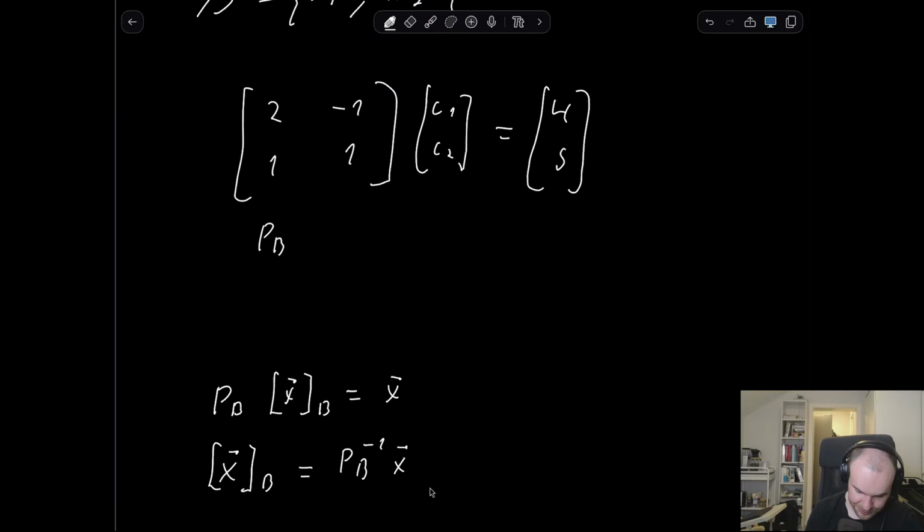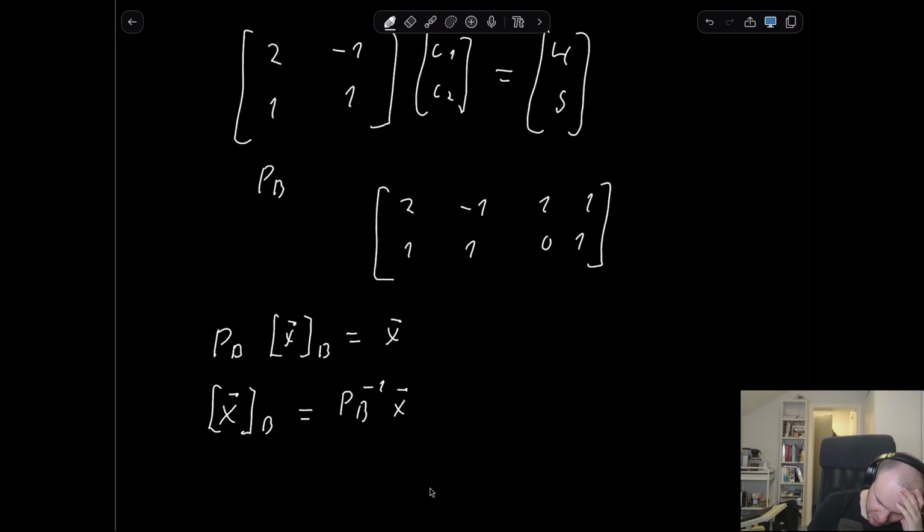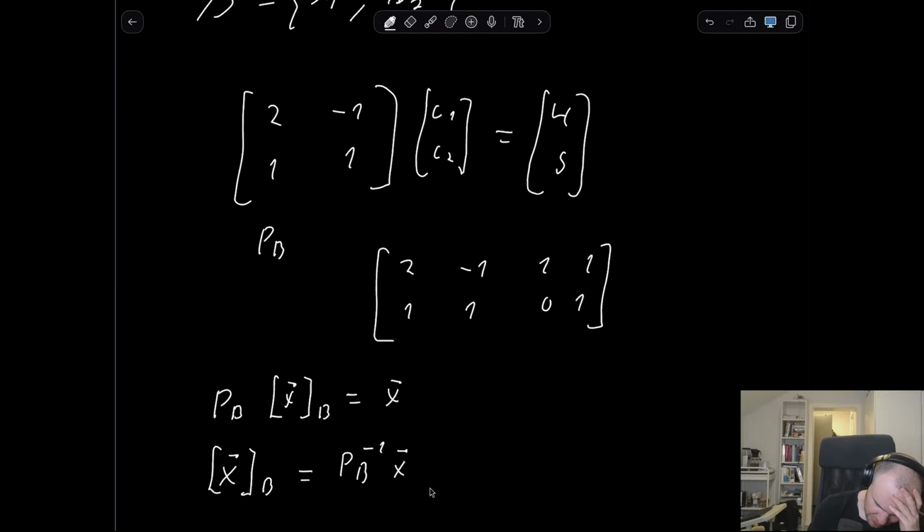Okay, so one solution then is of course 2, 1, minus 1, 1, and then you can just use the augmented matrix in order to invert it, right? That's just one solution. But now, as you also see, we can also just extend this in order to get the solution.